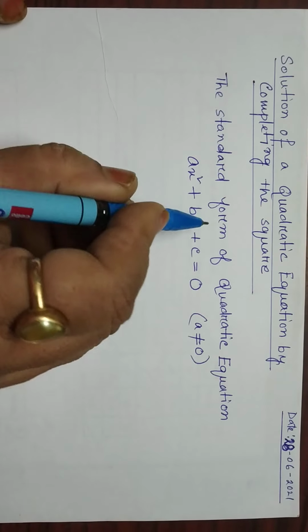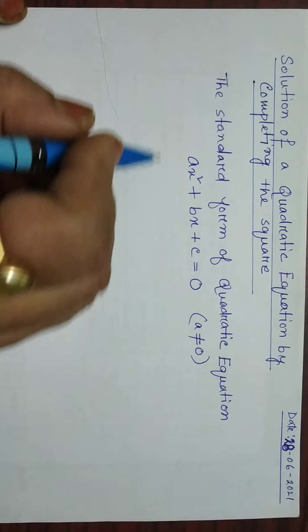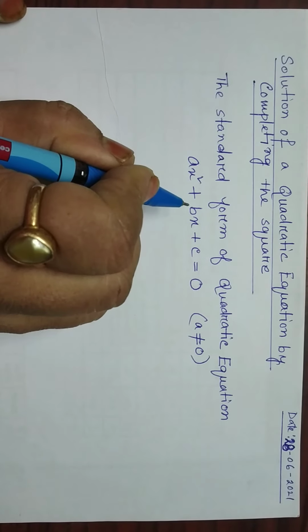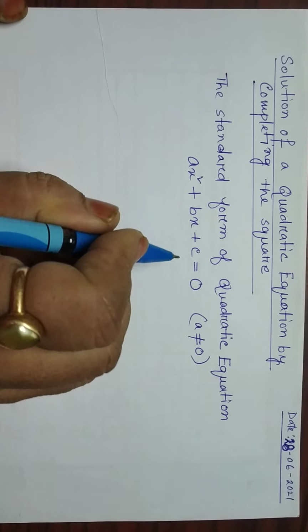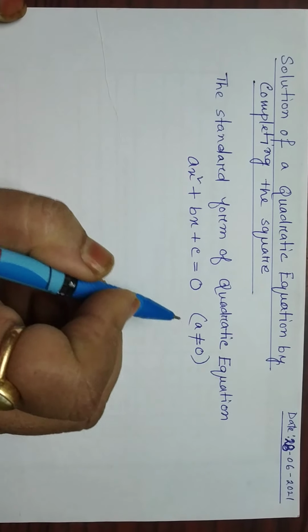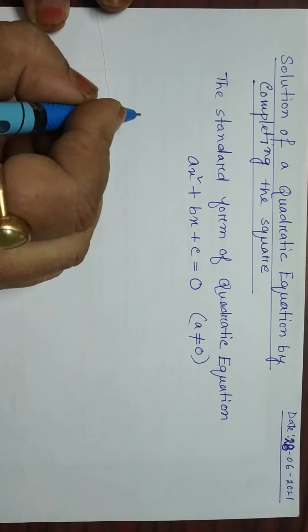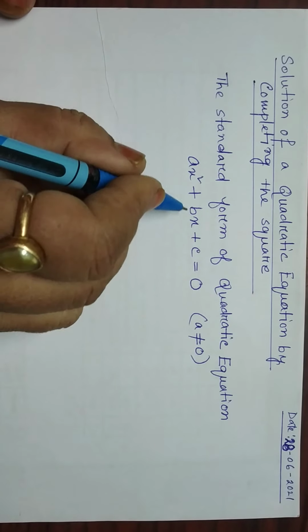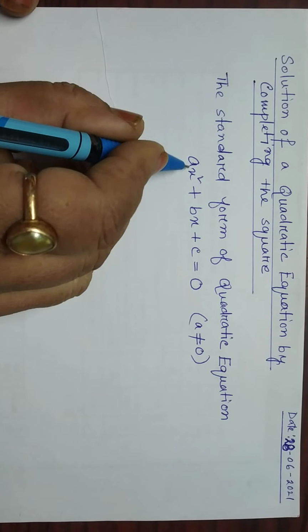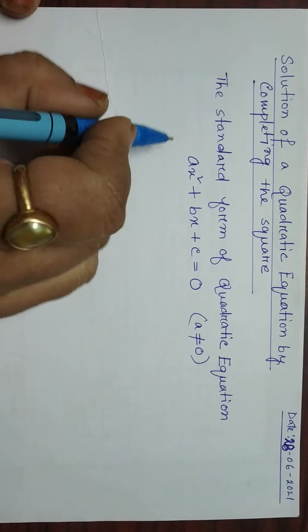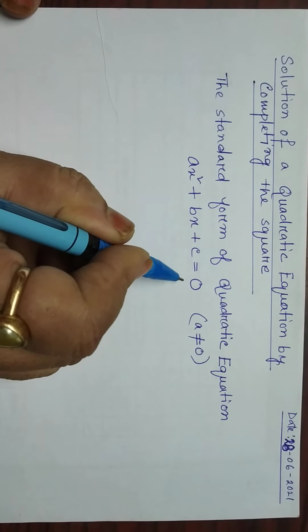The standard form of quadratic equation is ax square plus bx plus c equal to 0, where a not equal to 0. This one we can solve by completing square method. Here the coefficient of x square is a. Therefore, we divide both sides by a.